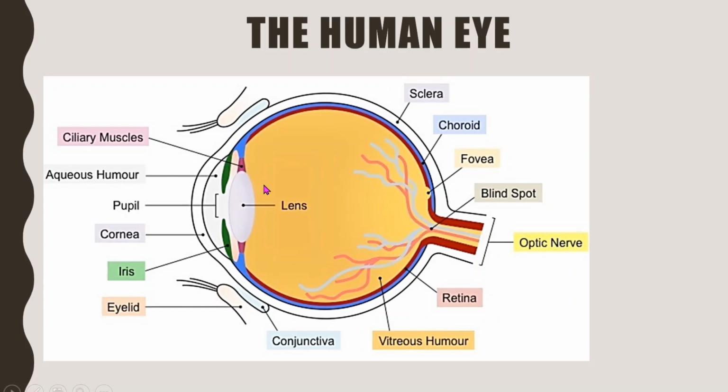You can see it here. This is the suspensory ligament, which is basically holding the lens.